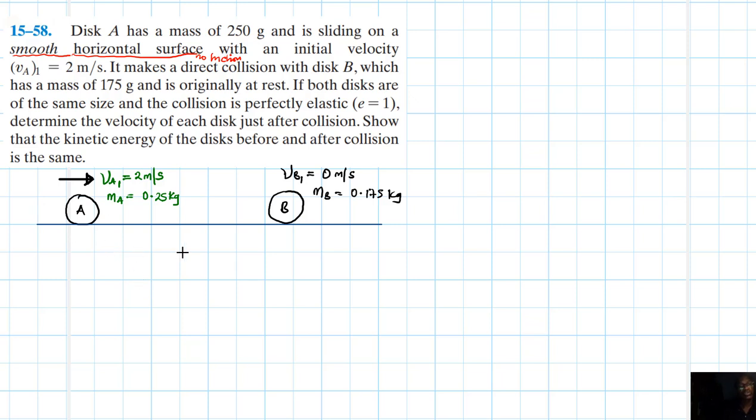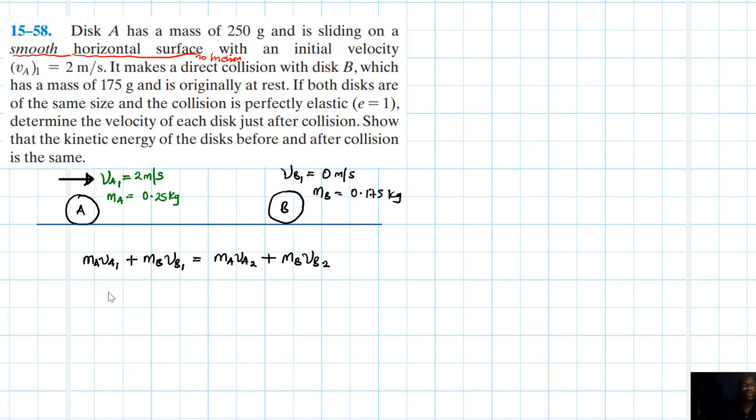So because momentum is conserved, we can use the principle of conservation of momentum, where we have MA VA1 plus MB VB1 is equal to MA VA2 plus MB VB2, right?